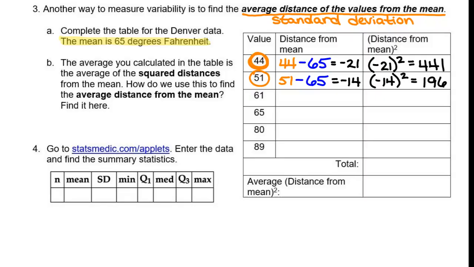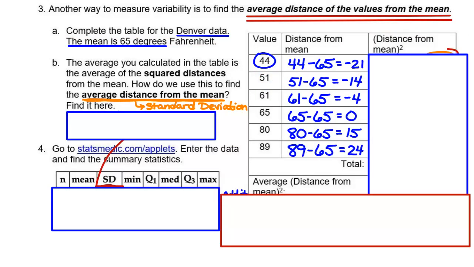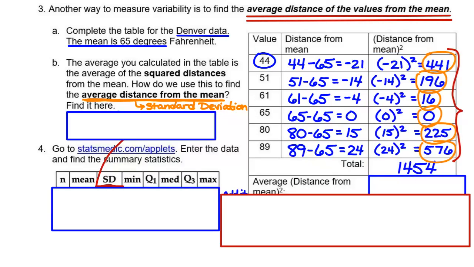All right, I would like you guys to finish this table out all the way through 89. Stop when you get to the total row. Once you have all of the squared values, I want you to add them all together.